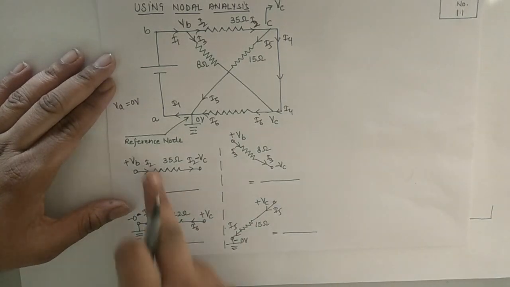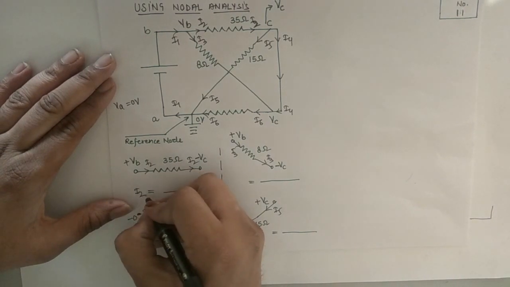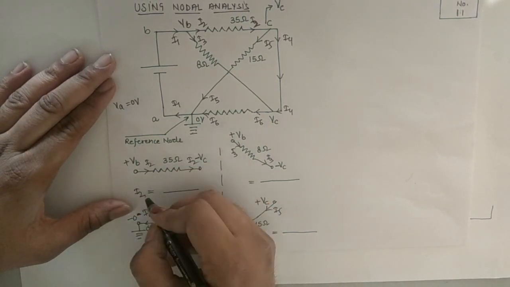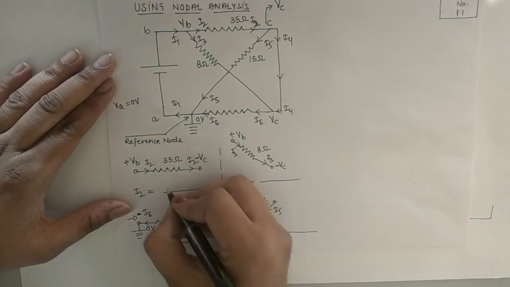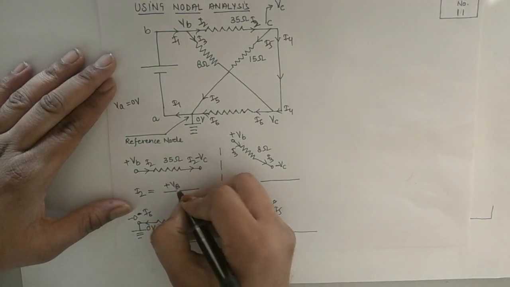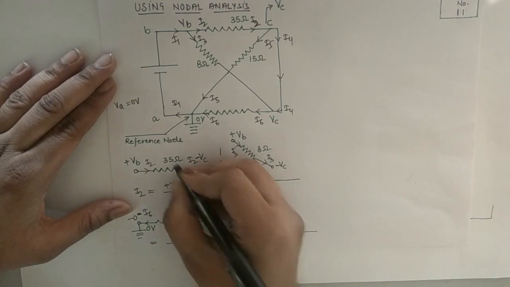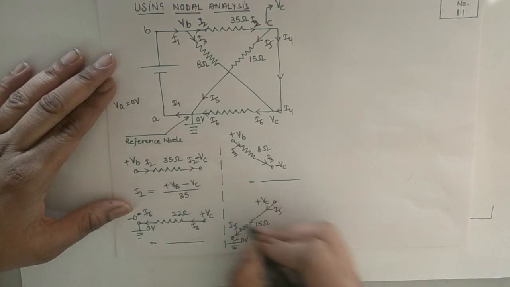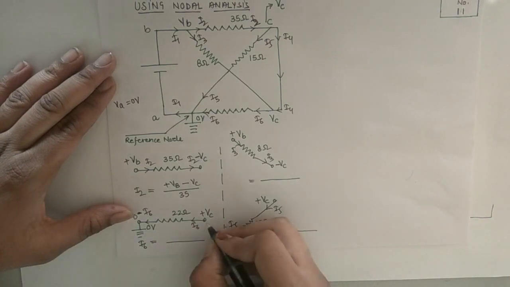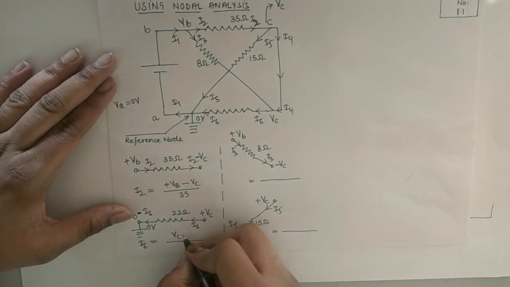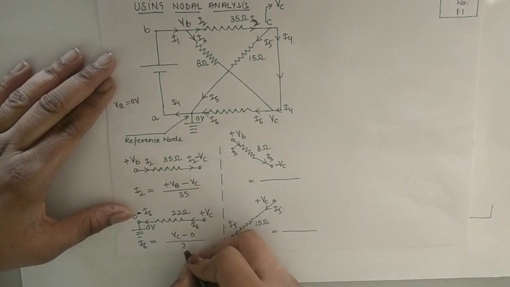So start with I2. I2 goes from higher potential to lower potential: VB minus VC upon R, 35 ohm. Similarly I6 starts from high potential, VC minus 0 upon 22.